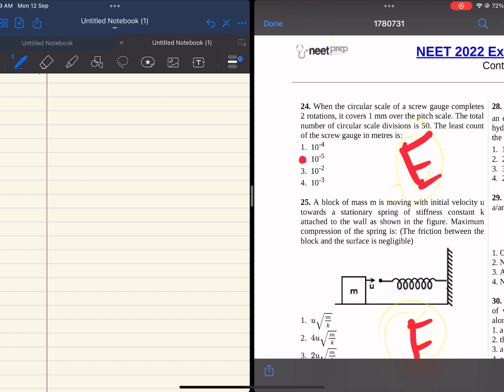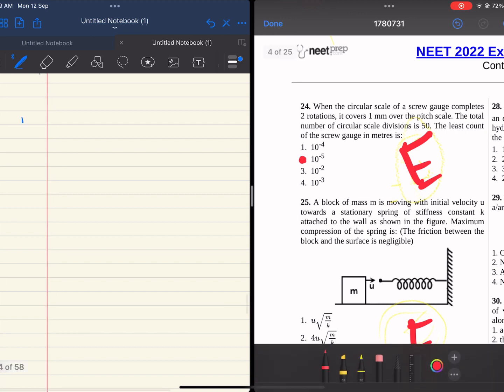Initial energy is half m u square. Final energy is when it is fully compressed, the block will have zero velocity because the force will be pushing it back. When it has initial velocity u, there will be a force of kx pushing it back as it moves forward, so it has to come to zero velocity at some point of time.